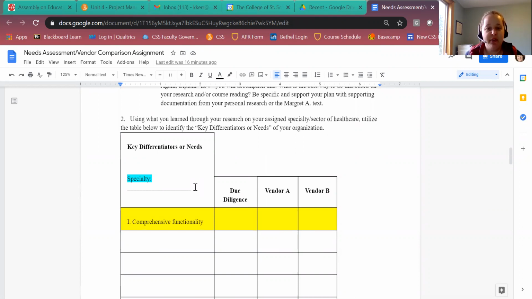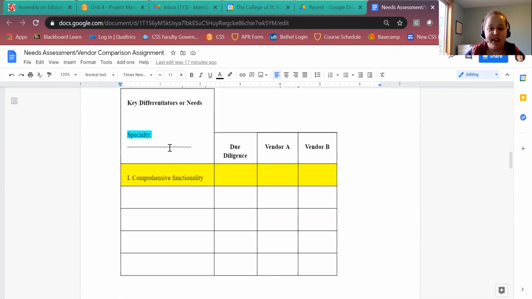So using what you've learned through your research on your specialty or sector of healthcare, you need to use this table to identify different key differentiators for the organization. And another word we would use for key differentiators, which is not a real common term, is the needs. So in this case, let's look here at the table specifically.